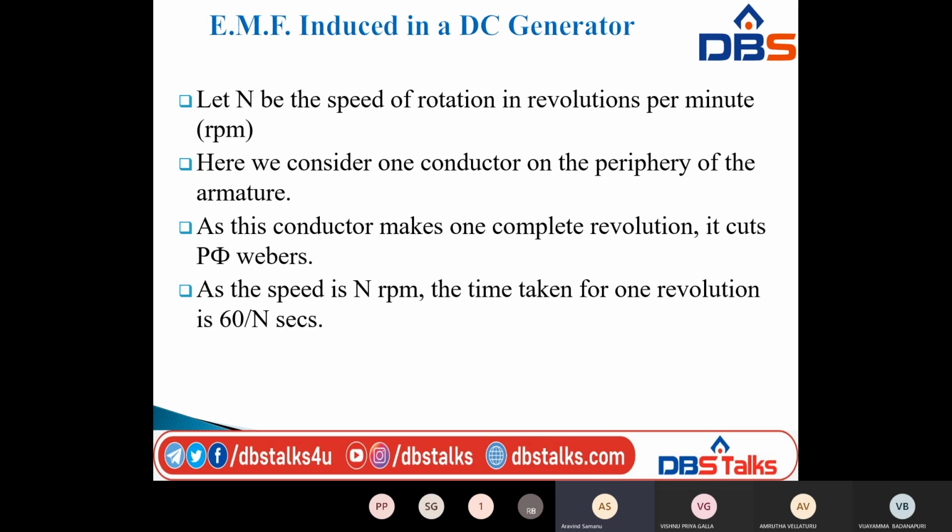In the previous class, I taught you the working principle of a DC generator. In that, I took two poles, north and south, and between the north and south poles we put the conductor. Similarly here, we consider one conductor on the periphery of the armature.